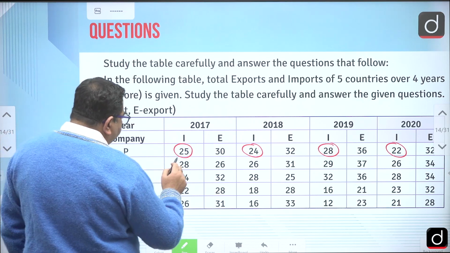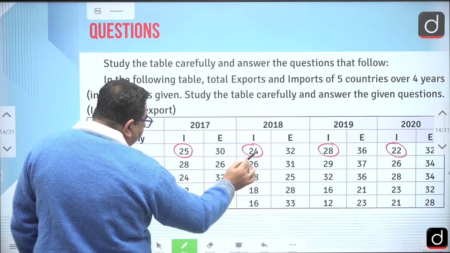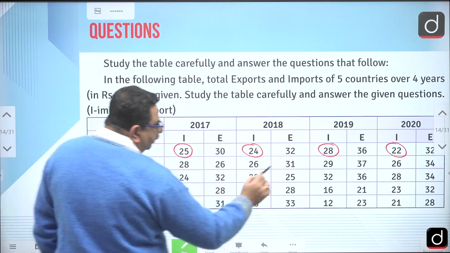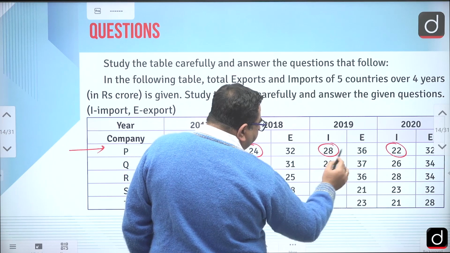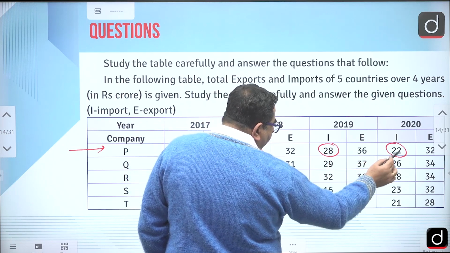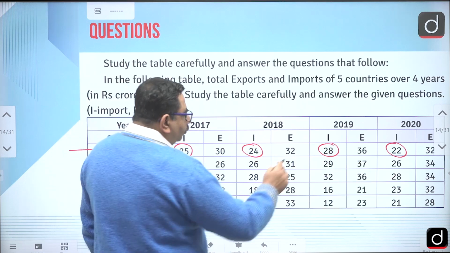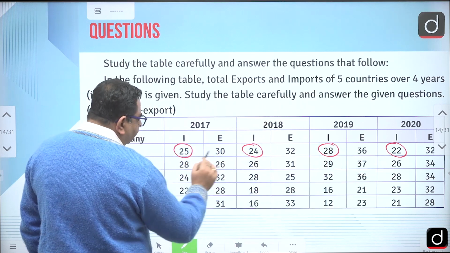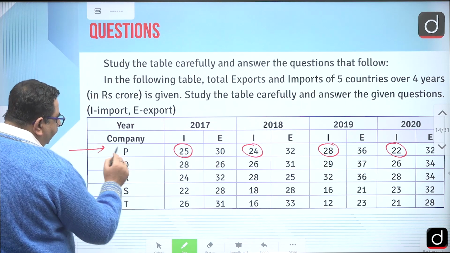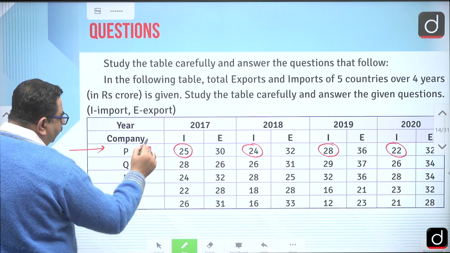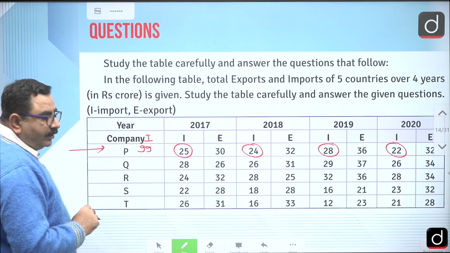So this is 25, 24, this is, can I say, 59, and this is 28 plus 22, right? This is total 50, this is 50, this is 49. So 49 plus 50, can I say total import is 99, right?